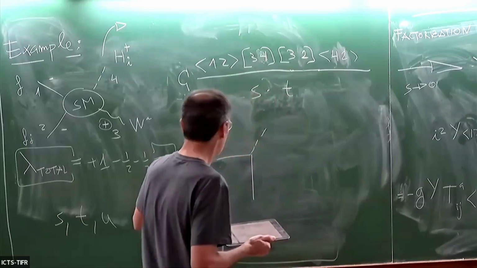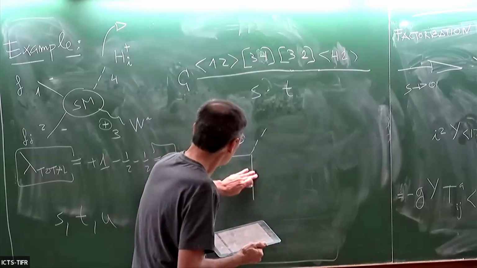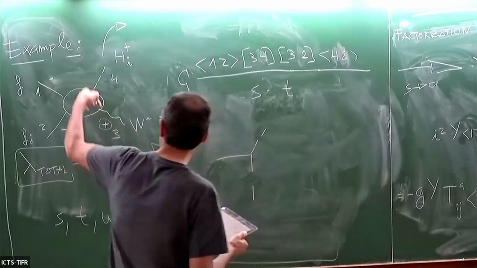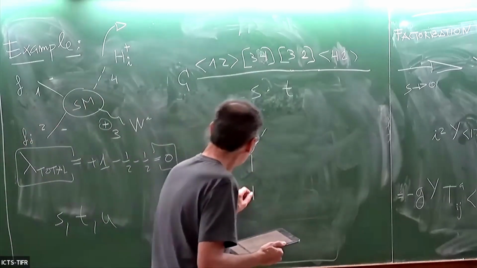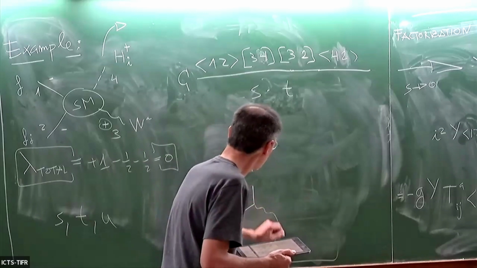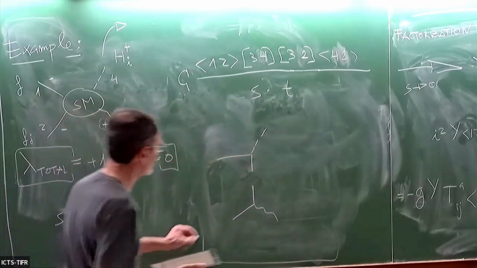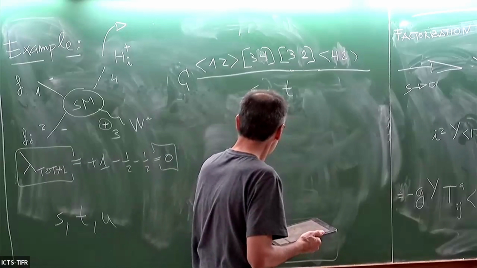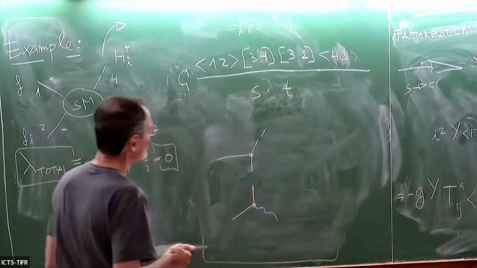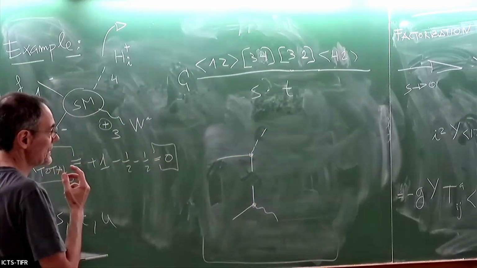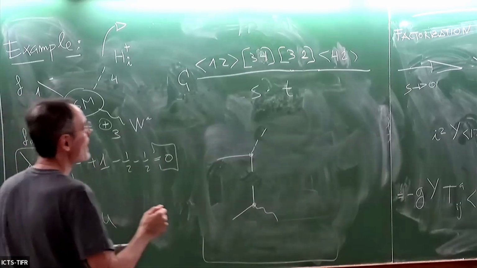If it's not there, I should put it. It factorizes into amplitudes in the T channel, with a fermion going to both of these. This is now an extra condition.